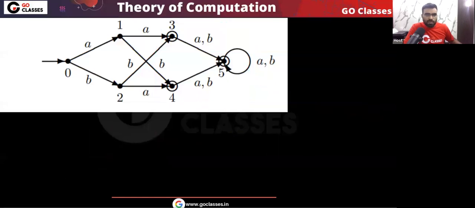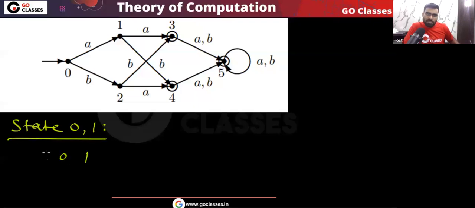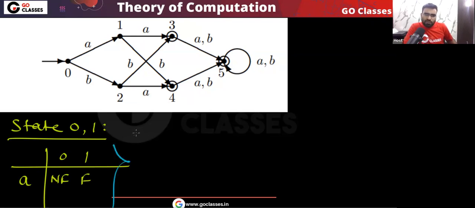Now you tell me, what about states 0, 1? They are distinguishable by A. State 0 on A goes to a non-final state, and state 1 on A goes to a final state. So they are not equivalent.